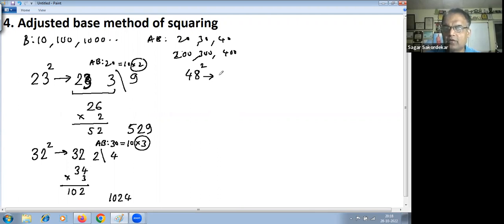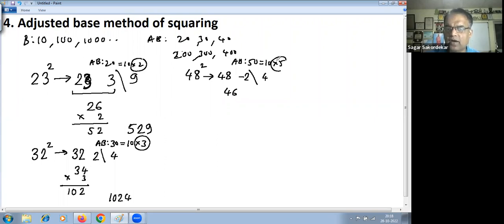Okay, check here. 48. We have taken the adjusted base as 50. So the relation is 10 into 5. 48 minus 50 is minus 2. Minus 2 squared is 4. 48 minus 2 is 46.